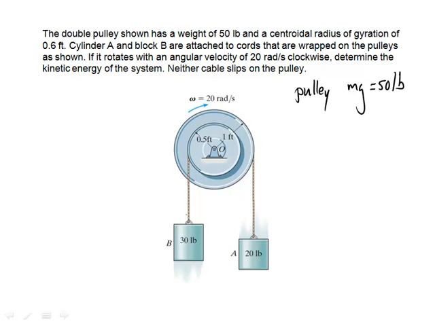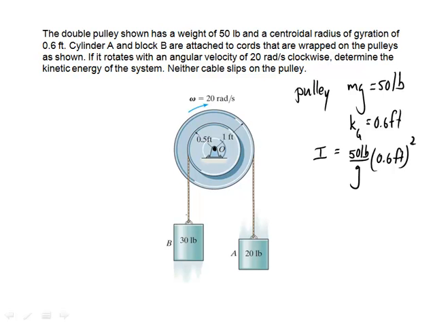And the centroidal radius of gyration is 0.6 feet, so k sub g is equal to 0.6 feet. And I is going to then be 50 pounds over g, because remember it's mass times k squared, 0.6 feet quantity squared. And that's going to be the rotational inertia about the center of mass O. And since the fixed axis is at O, that works out very nicely.